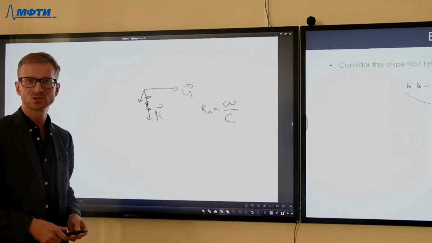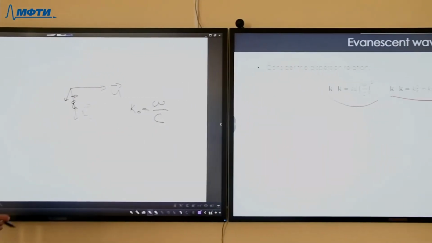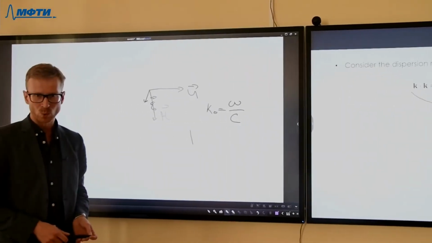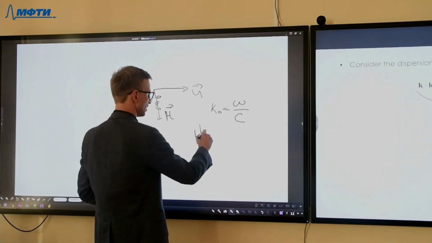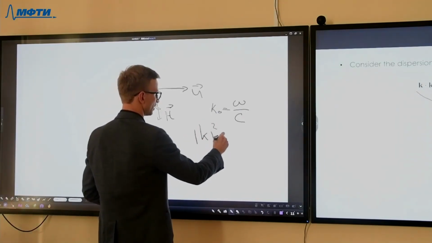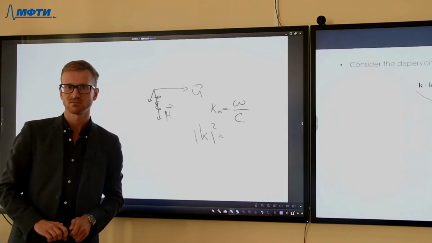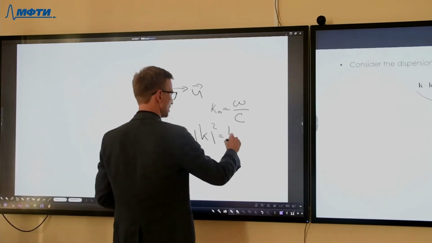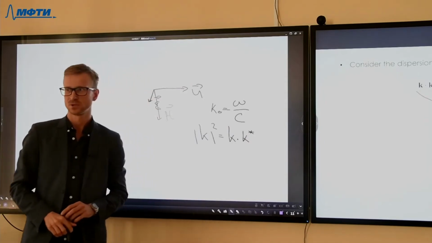So is it obvious to everyone that the magnitude of the vector, which is, and by the way, what is the magnitude of k? How do we express the magnitude of k? Let's say k squared. Is it the dot product or is it something else? It's not the dot product, it's this. It's k times k conjugated, of course.